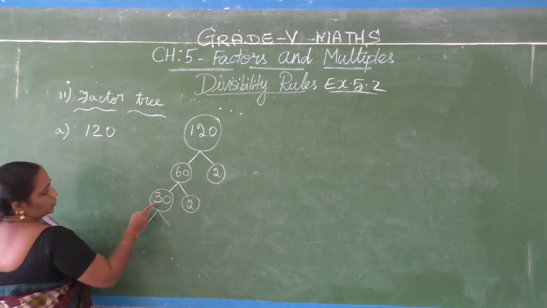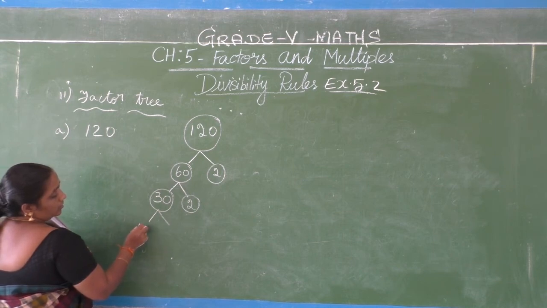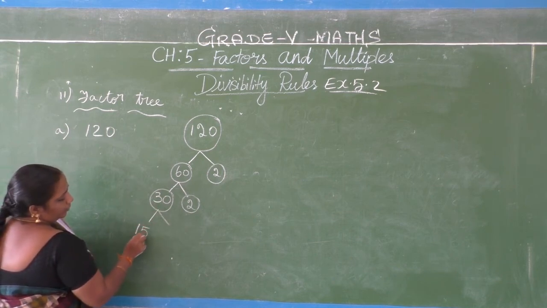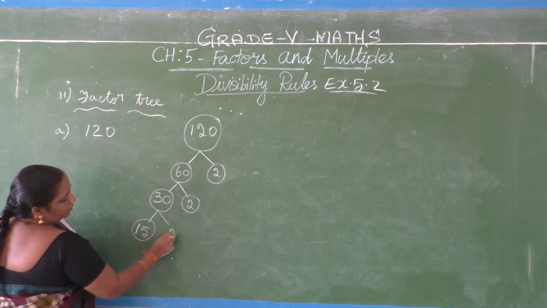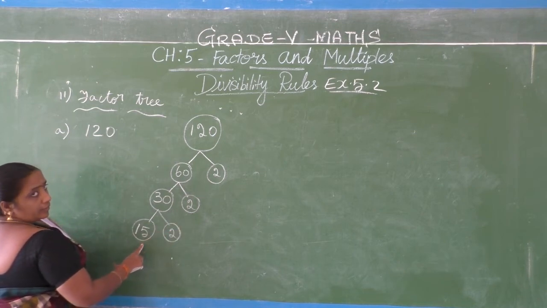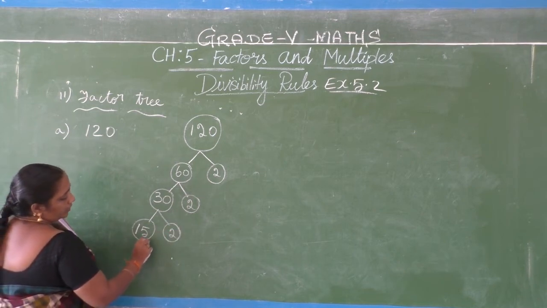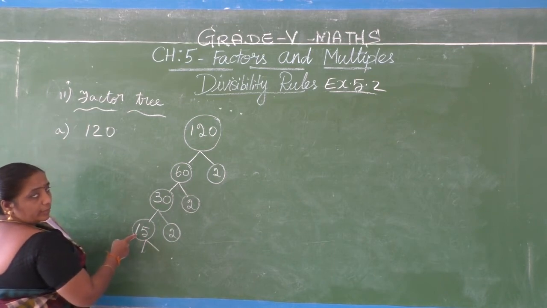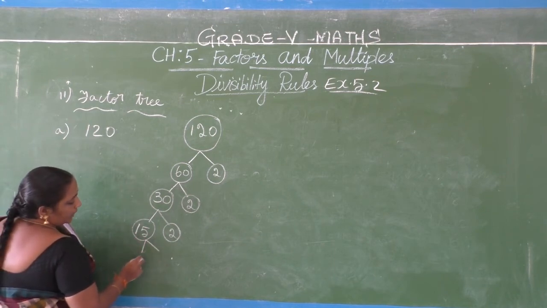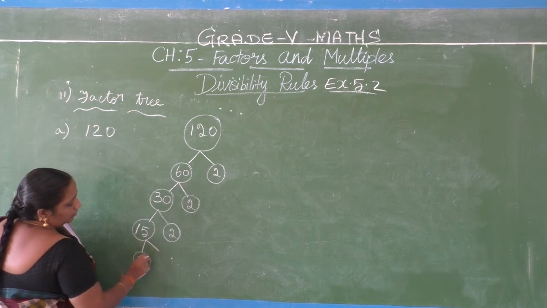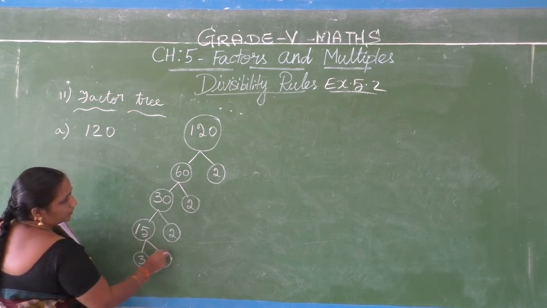1 two is 2, 1 is there, again 5 twos are 10, 15. Again we can split this 15 with the 3 table only. Here after, the 2 table is not possible. So how many times? 3 fives are 15. Is it or not? That's all.